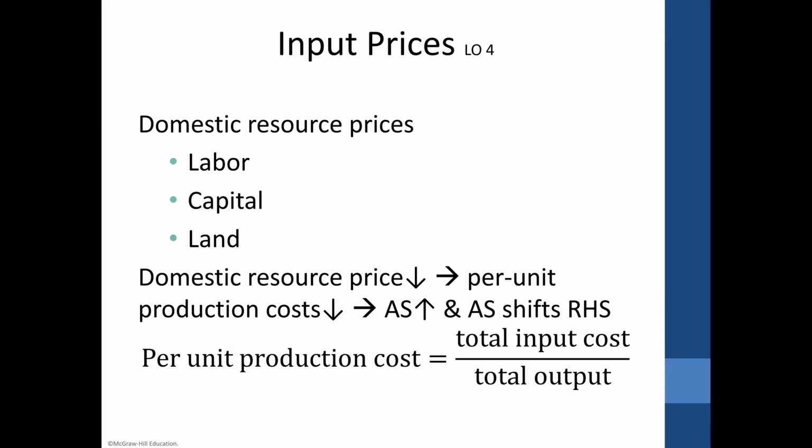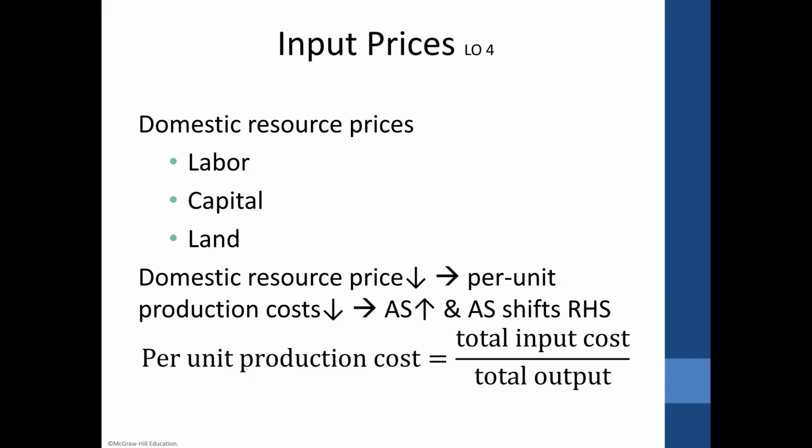Whenever the price of those resources increases, it is a negative shock to the aggregate supply curve: it shifts left-hand side, decreases. On the other hand, if the resource price decreases, then the per unit production cost decreases, then aggregate supply increases and shifts right-hand side.